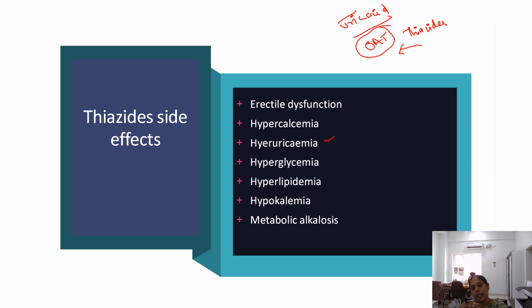Other electrolyte disturbances, like your loops, include hypokalemia and metabolic alkalosis. The things different from your loop diuretics are hypercalcemia and erectile dysfunction. We have seen a specific side effect, ototoxicity, with loops, and erectile dysfunction with your thiazide diuretics.